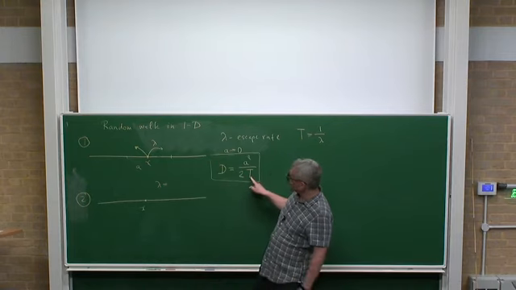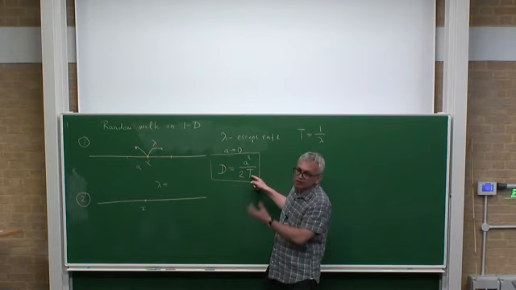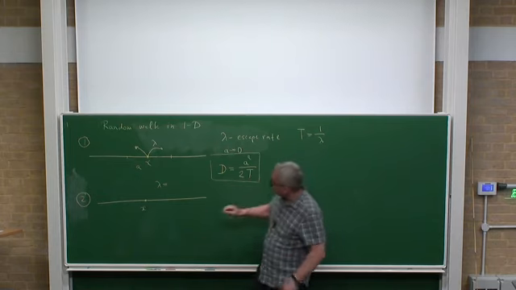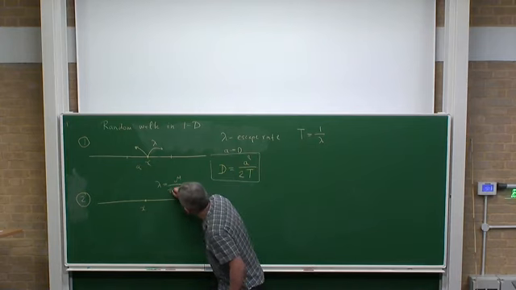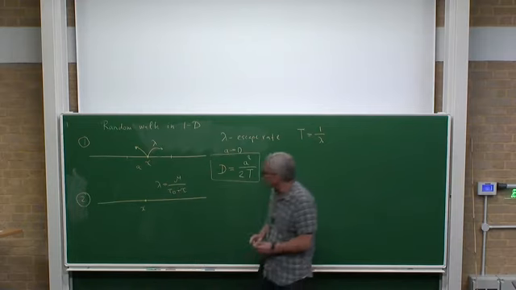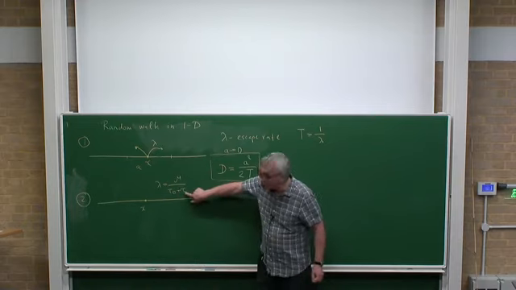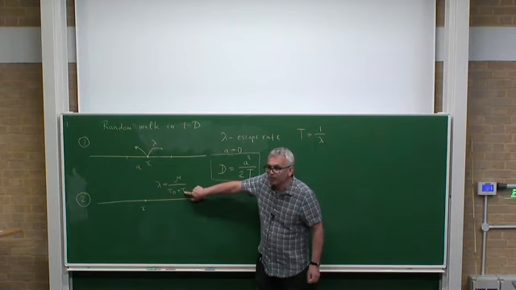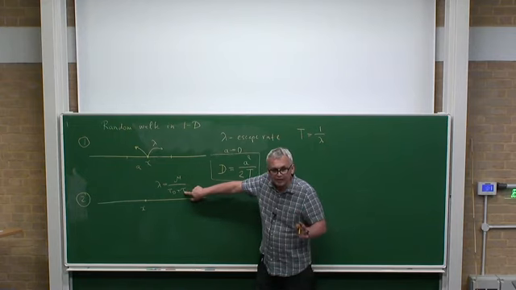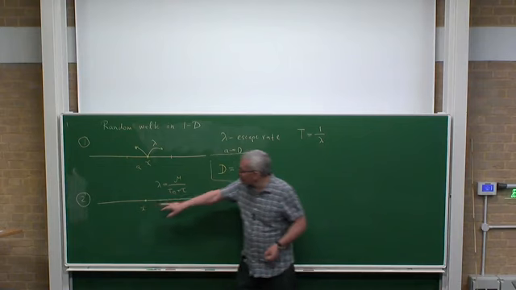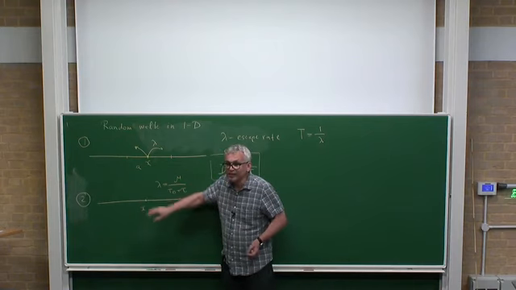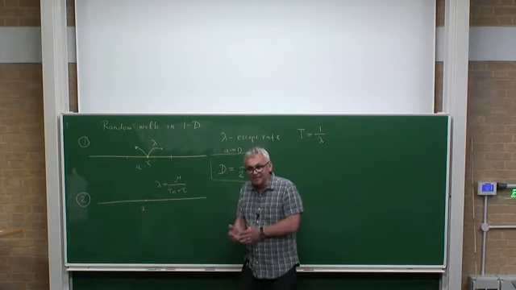Here, the residence time is distributed according to an exponential distribution. But here, lambda is a function, and it is inversely proportional to the residence time tau. So the idea is the longer the particle spends at this point before jumping, the less likely it is to escape from that position.